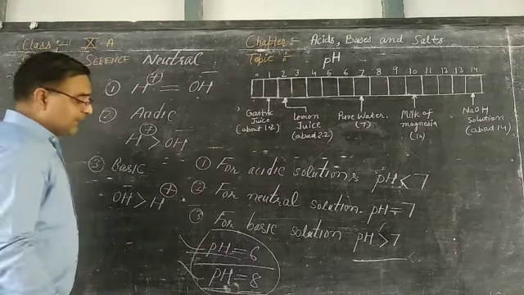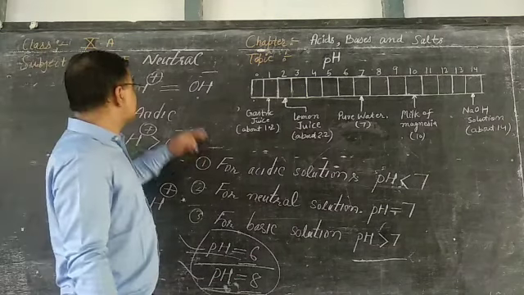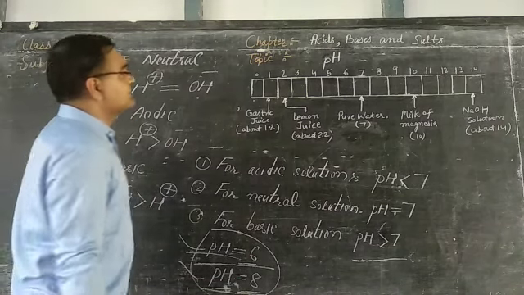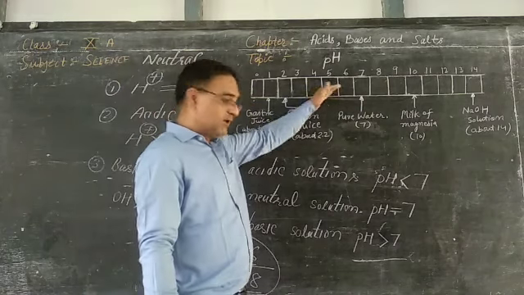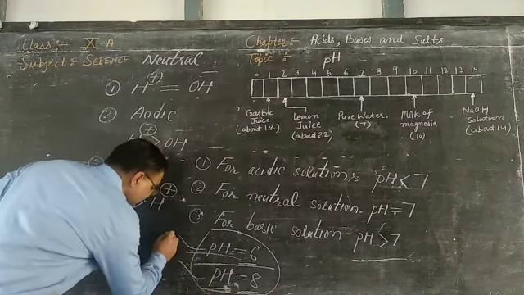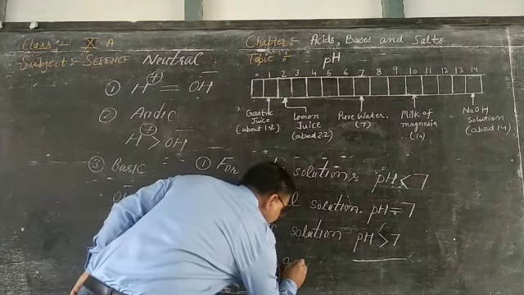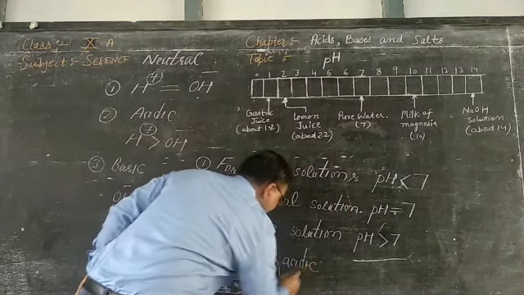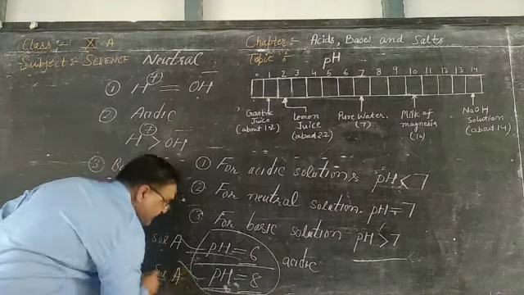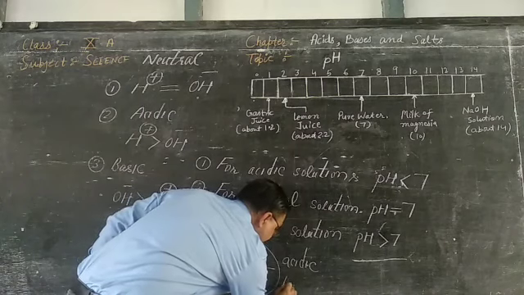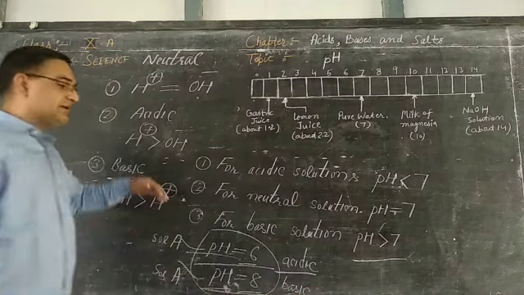So the solution whose pH value is 6, it means that pH value is less than 7, and those solutions whose pH value is less than 7 are acidic. So solution A is acidic, and solution B, whose pH value is greater than 7, is basic. In acidic solution, H+ ion concentration is more.